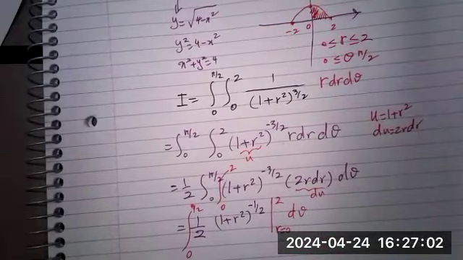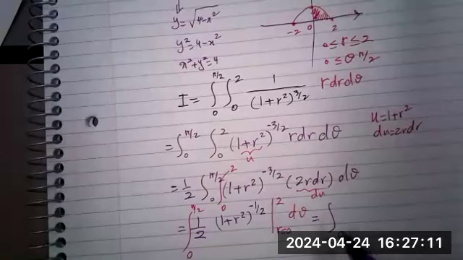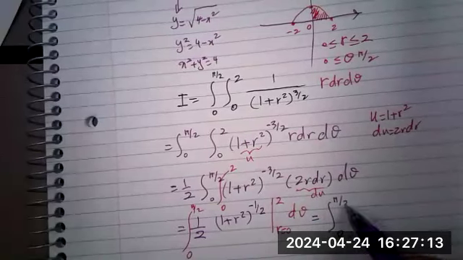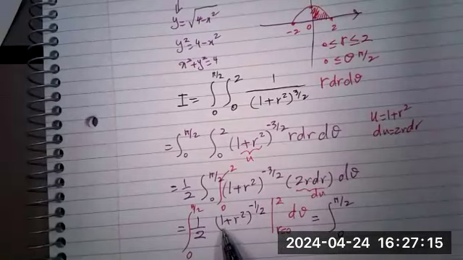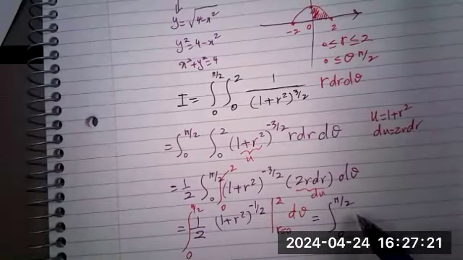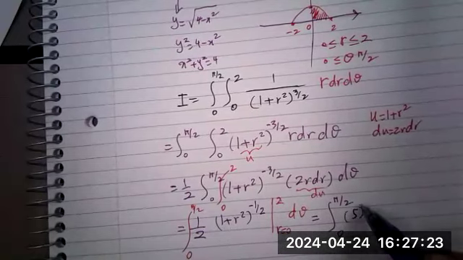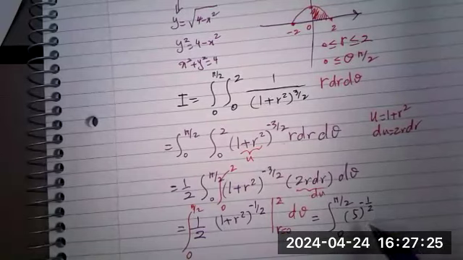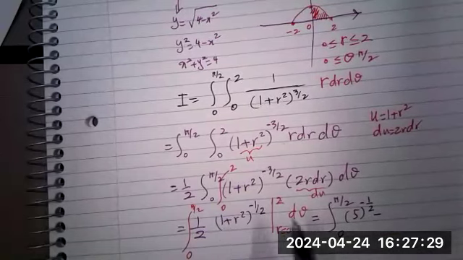Okay, you can substitute 2 and 0 to get this one done. So this is going to be the integral from 0 to pi half. If you substitute 2, that gives you 1 plus 2 squared, which is 4, and 4 and 1 would be 5. So that gives you 5 to the negative half, minus, if you substitute 0, that just gives you 1.